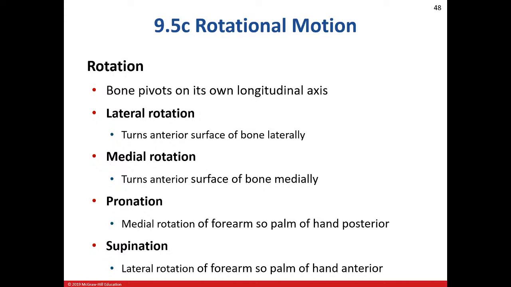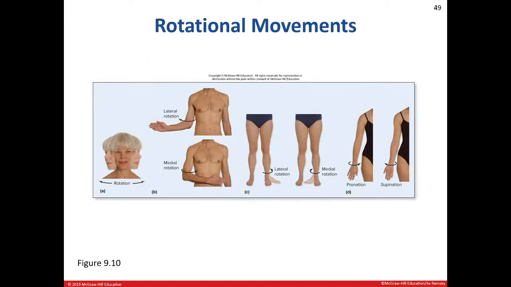Pronation, which is where medial rotation of the forearm turns so that the palm of the hand is posterior. Okay, and then we have supination, which is the other, where we bring the palm of the hand up. And we have a picture of that here.